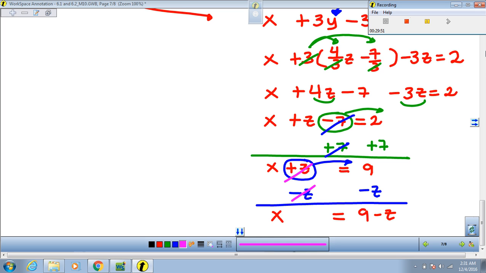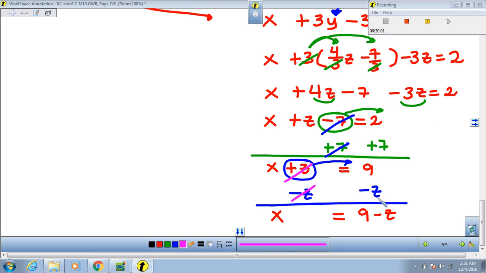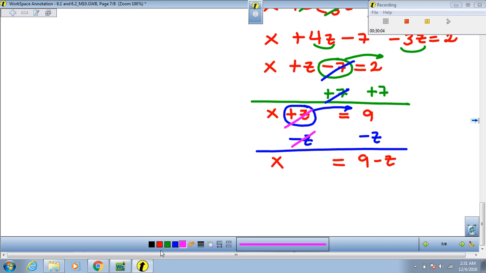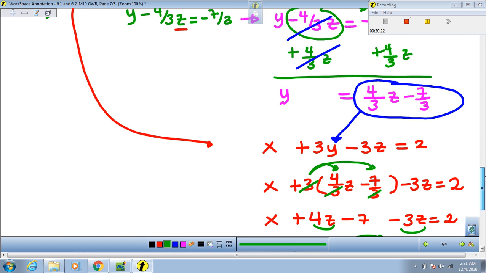So you're going to write the final answer for this one. That is a little bit different from having a unique solution or no solution, your answer is going to look like this: put a little bracket, then put a parenthesis, and first you're going to copy the equation that is solved for y.